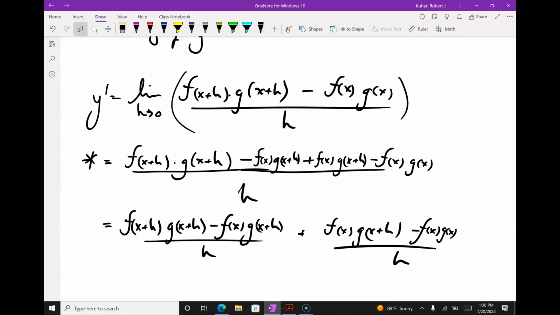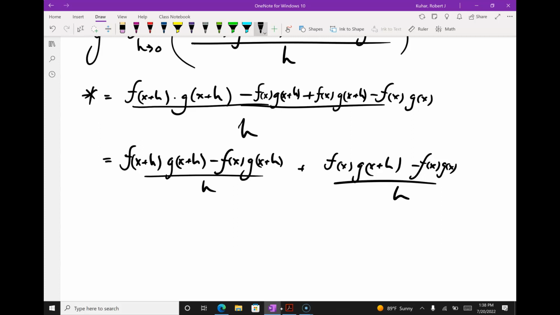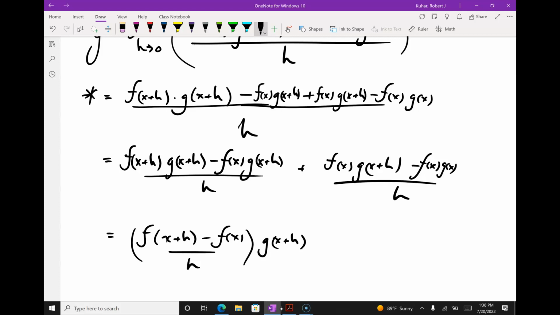When you divide and conquer, you just have to decide what terms you are grouping together and which ones you are not. What can I factor from the first one? G of x plus h, yeah. So I've got an f of x plus h minus f of x over h times the g of x plus h. And then the second one I can factor out an f of x.